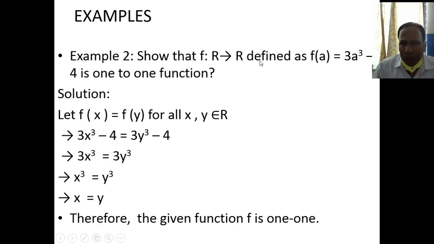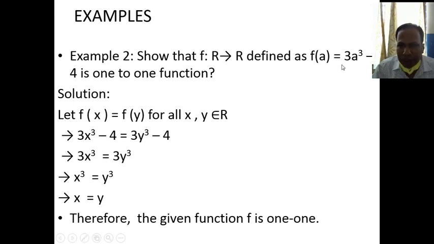Now one example. Let f be a function defined from R to R such that f(x) is equal to 3x cubed minus 4. Now we will prove that this function is one-one. For this, we choose any two arbitrary elements x and y belonging to R with the condition that f(x) is equal to f(y).